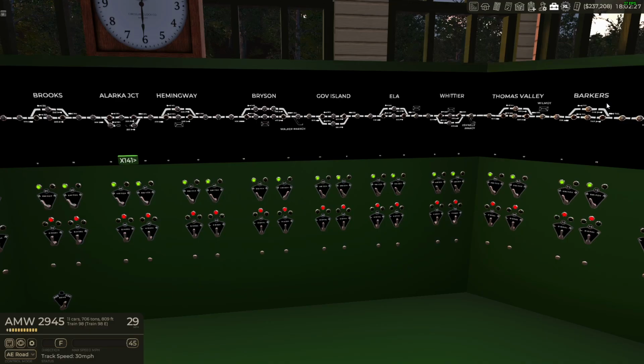Absolutely, and we talked about this when we were talking about timetable and train order, and I'm blanking on his name right now. He has the... not Pittsburgh and Lake Erie layout. This is going to bother me. Not O&W.